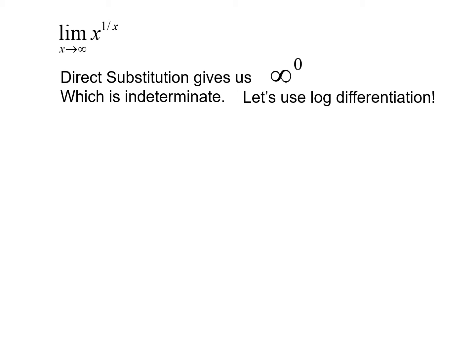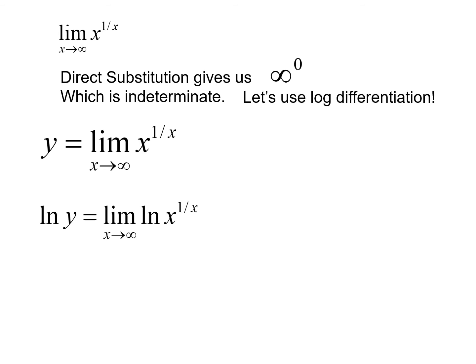In order to do that, we're going to use log differentiation. So I'm going to set y equal to the limit as x approaches infinity of x to the 1 over x. Then I'm going to take the natural log of both sides, and once I do, I'm going to use the property on it.